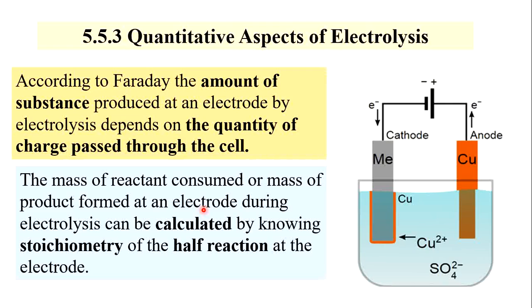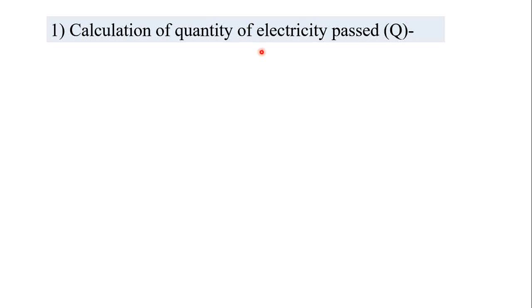The first step is the calculation of the quantity of electricity passed through the cell. Once you know that, the second step is the calculation of the number of moles of electrons actually passed through the electrolyte.